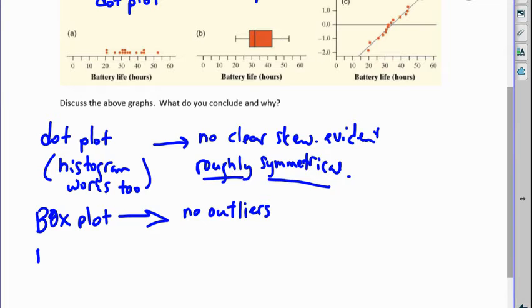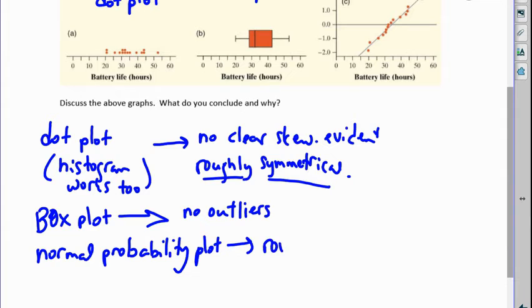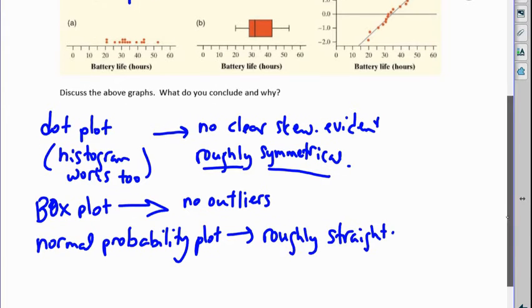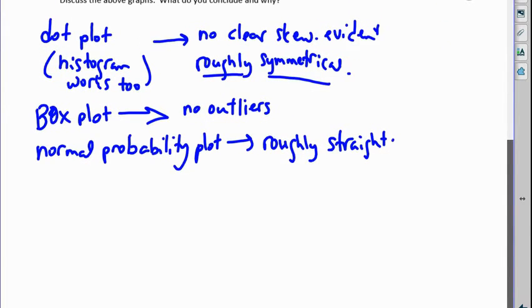And then my normal probability plot, which is usually your best bet at looking for violations, since it is roughly straight, that's the evidence that we need to be able to conclude that the conditions for inference are met.